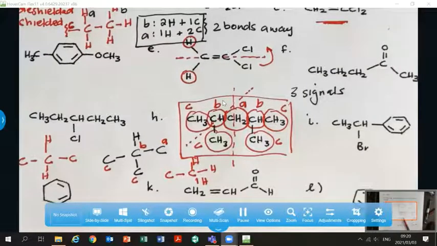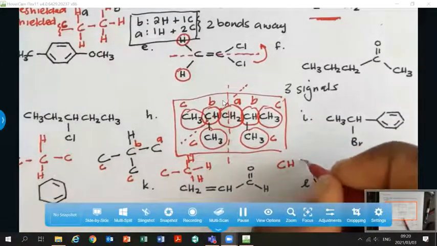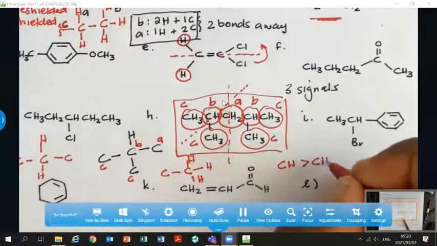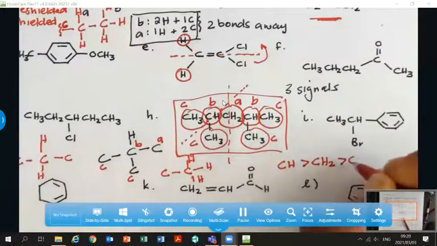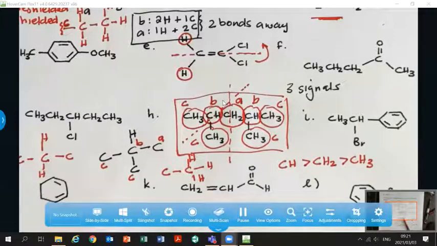So it will go in that particular order: CHs are more de-shielded than a CH2, which is more de-shielded than a CH3. So closer to 0, you're going to find the CH3s, further away the CH2s, and then the CHs when you're looking at a proton NMR spectrum.